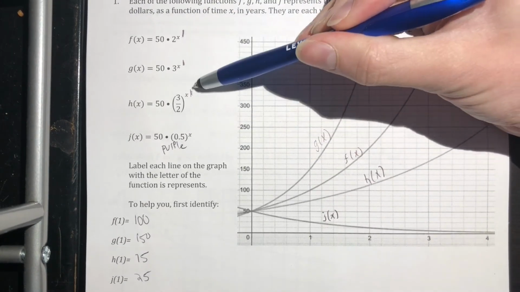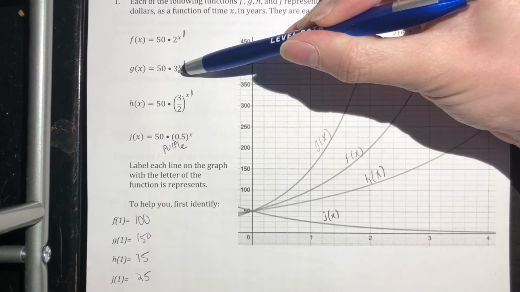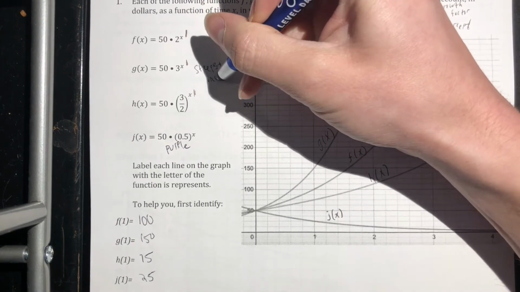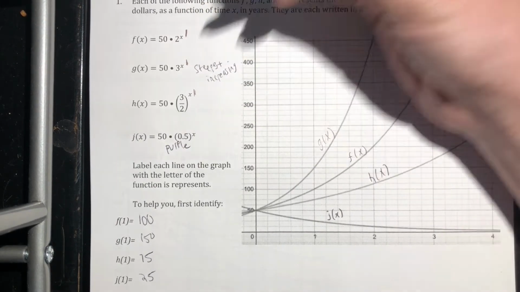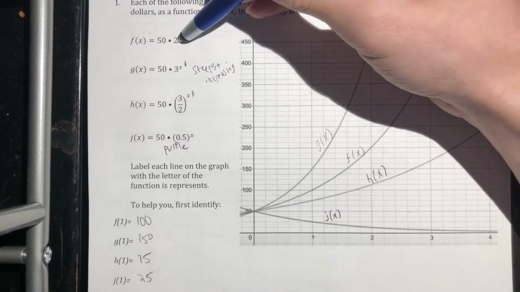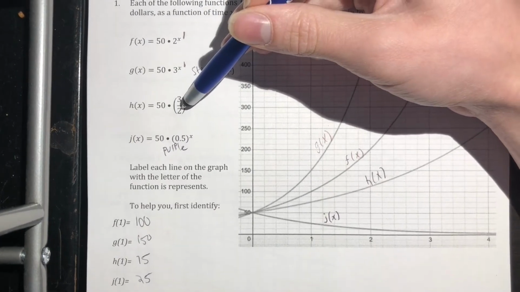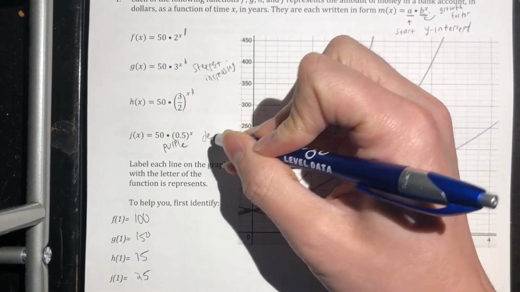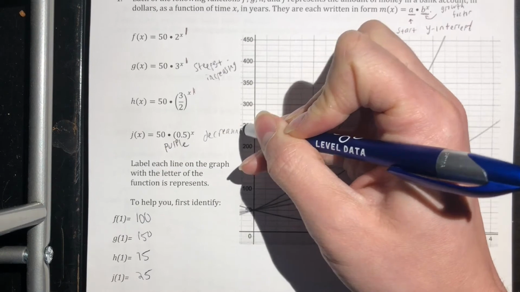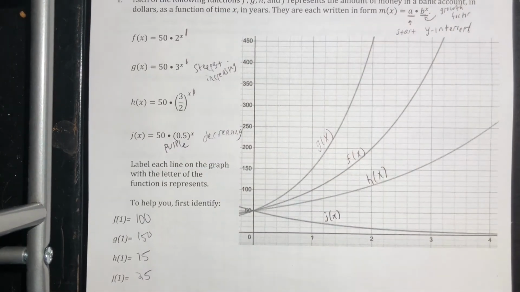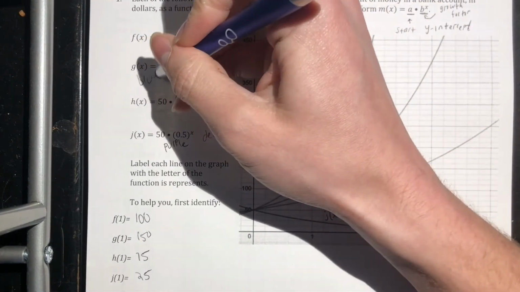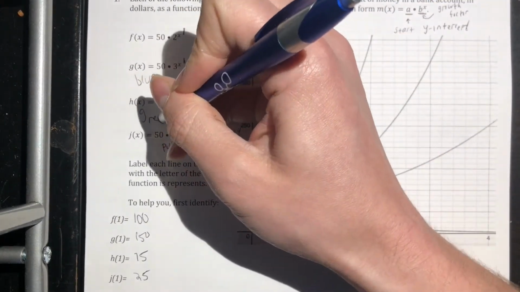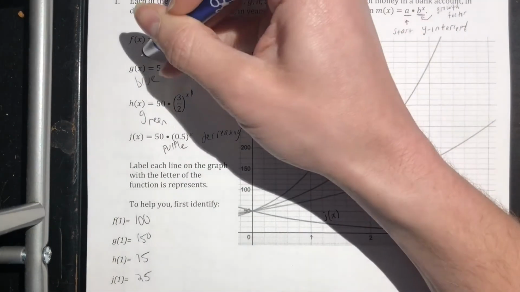Of these 4 numbers, this one has the highest growth factor, which means that graph has to be the steepest increasing graph. Then I got medium increasing, and then I got my smallest growth factor of increasing. And then this one is my only one that's decreasing. So g of x was blue, h of x was green, and f of x is red.